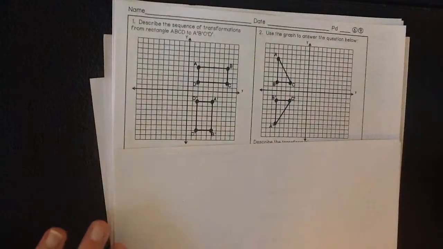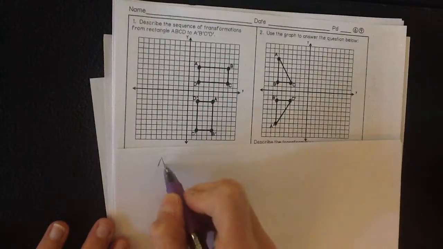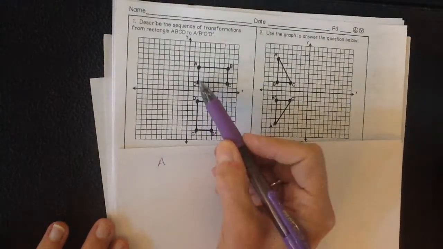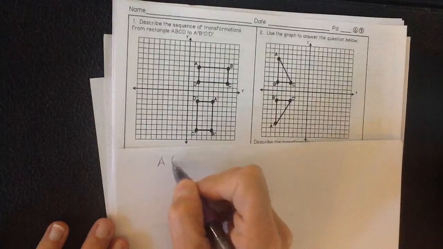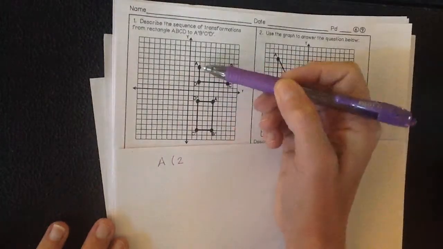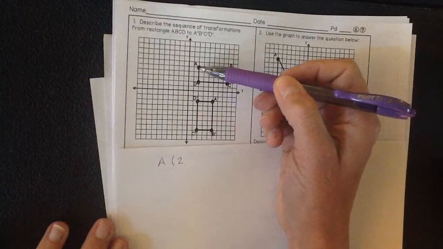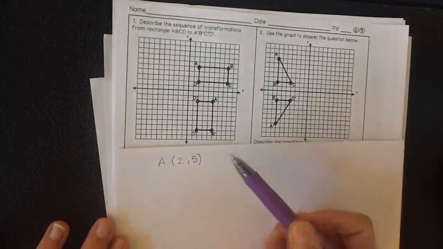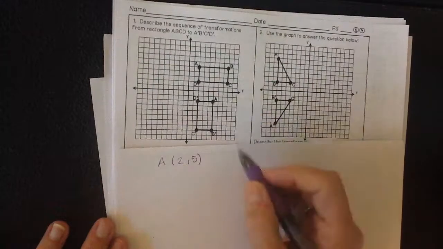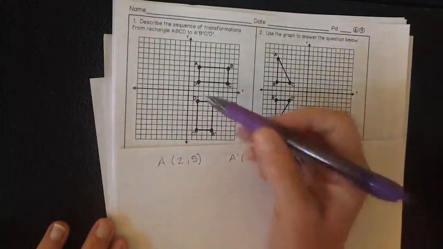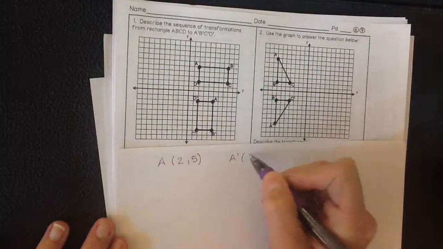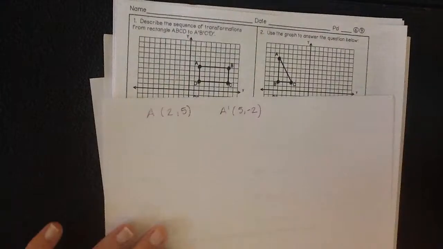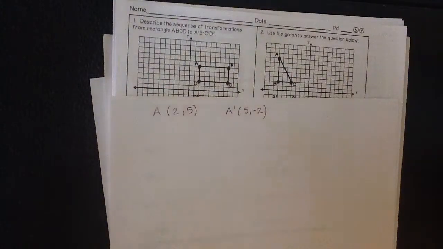So let's just look at A. All right, so A is currently at what coordinate? Look at your paper, probably easier to see. Let's go to A. 2 what? 2, 5. Okay. Now, A prime is what? 5, what? -2, right? Okay, so that's where we are and where we need to go.